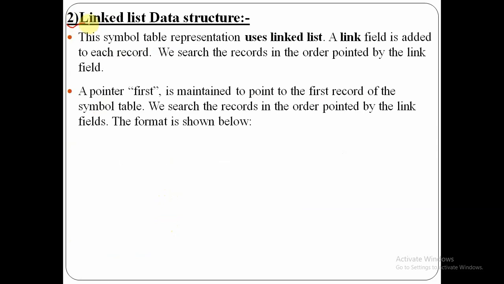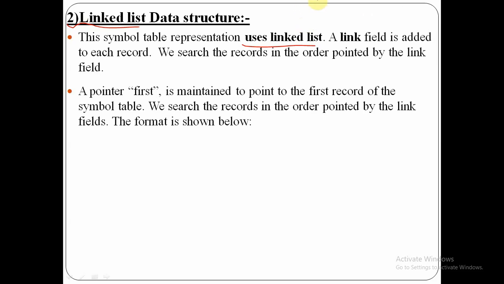Second data structure is the linked list data structure. This symbol table representation uses a linked list. You know linked list. A linked list is a collection of nodes in which each node contains a data field as well as a link field.